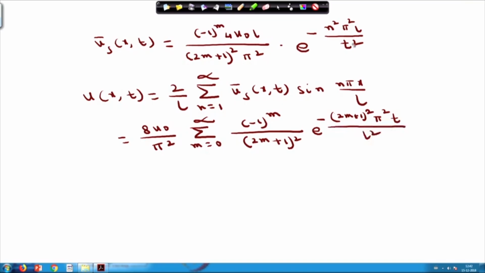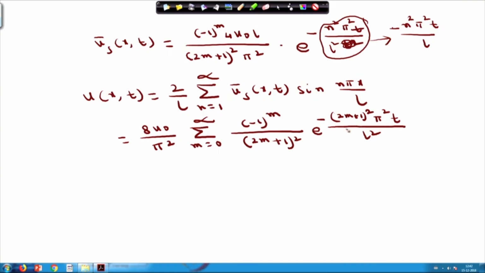I have written this wrongly, actually this will be L square and this t will come here. So please note that this term is minus n square pi square t by L square. This term is this one, please note this.